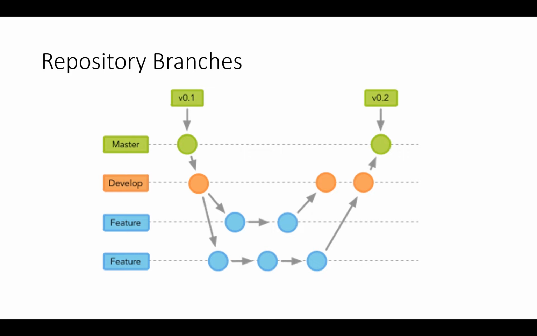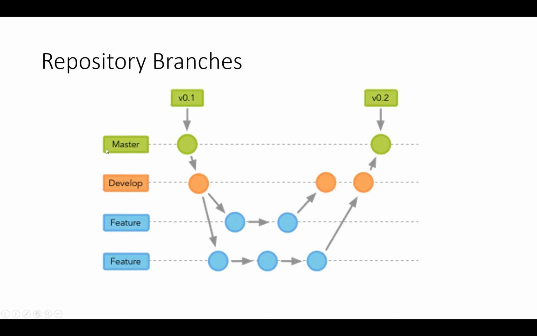It's not intelligent to the point of deciding what's good and what's wrong, but it's intelligent enough to know that, hey, there could be a conflict here, how do you want to resolve this? So that's basically how branching works.